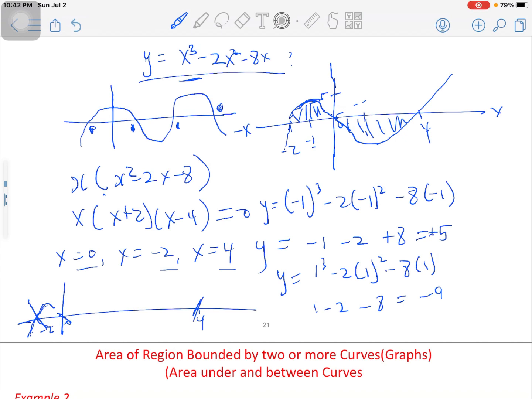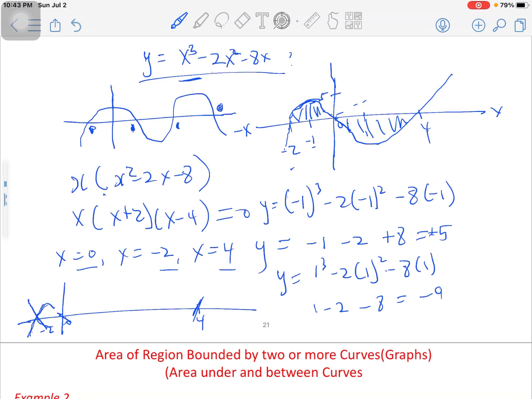We didn't know about that. In doing so, we needed to pick a value between -2 and 0 to see the result. After putting that value in the original function, we got a positive 5. This means that after cutting the -2, it will move up to 5 before it turns and comes to cut 0. After cutting 0, we also had no idea whether it was going to go up or come down.